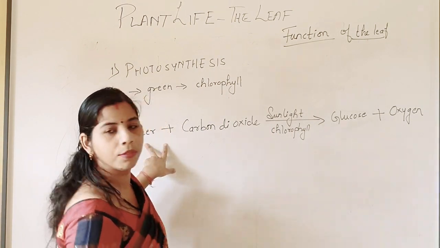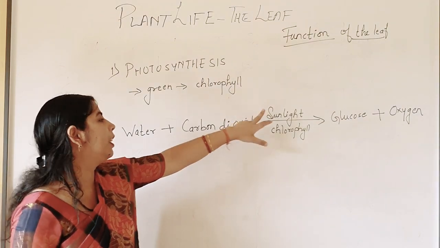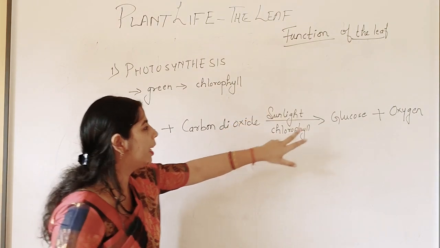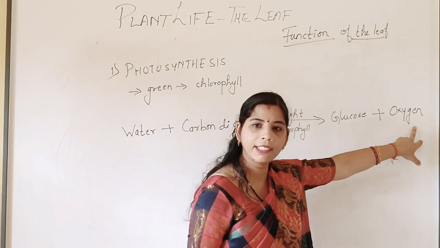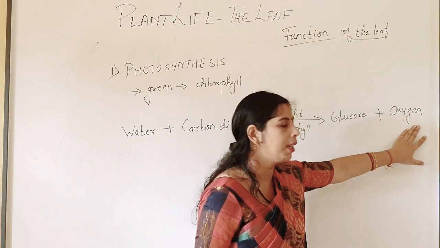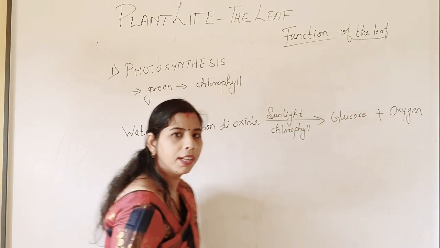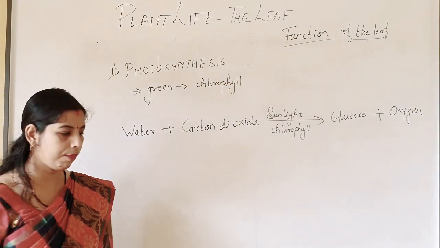What happened? Water and carbon dioxide, in the presence of sunlight and chlorophyll, form glucose as well as oxygen. And oxygen is the byproduct which is released into the atmosphere, and it is consumed in respiration. So this is the first function of the leaf.